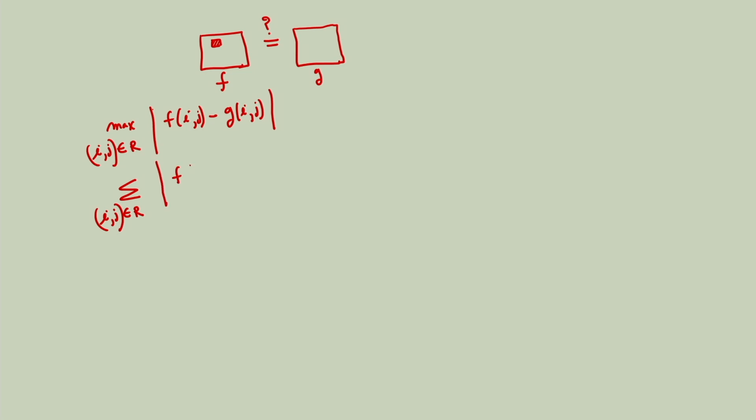and Fij minus Gij. This measure also I can use. The first one is the chessboard distance, the second one is the Manhattan distance. Already you know about the distances, one is the chessboard distance, the second one is the Manhattan distance, or maybe I can also consider this distance.